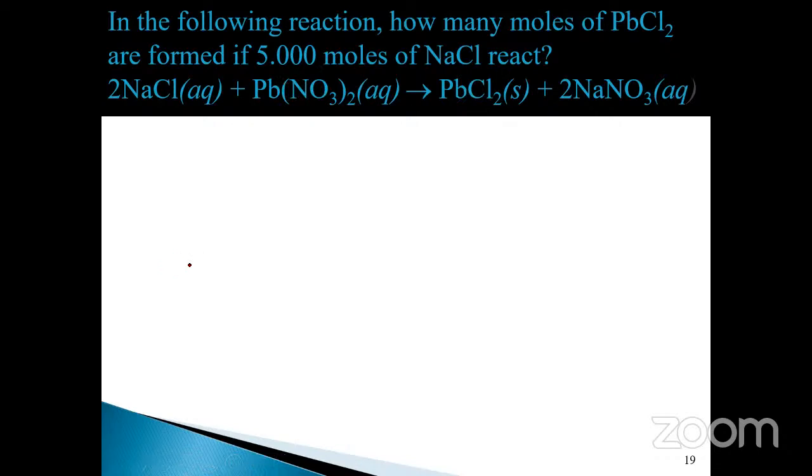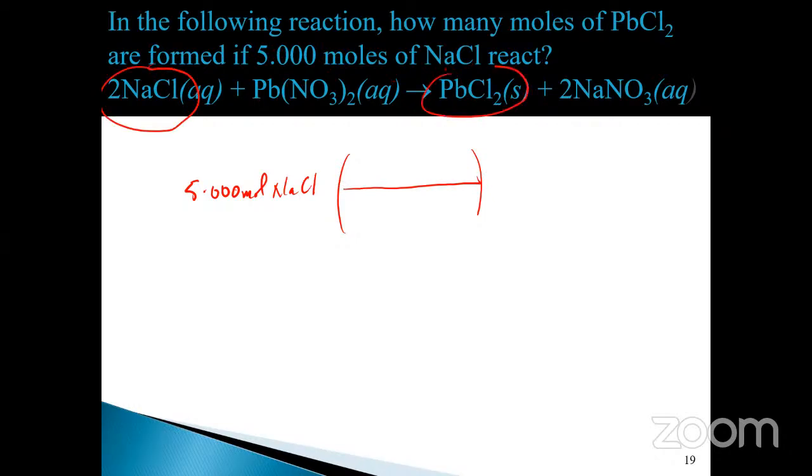So basically, you're going to start off with 5.000 moles of NaCl. And the question now becomes, what's the conversion factor that you're going to multiply that by? Because you're given the moles of this, and you're asked for the moles of this, all right? So basically what you'd have to do is look at the coefficients for both the sodium chloride and the lead 2 chloride.